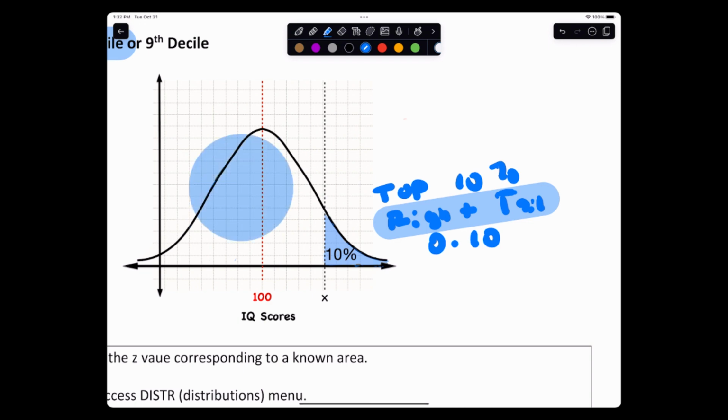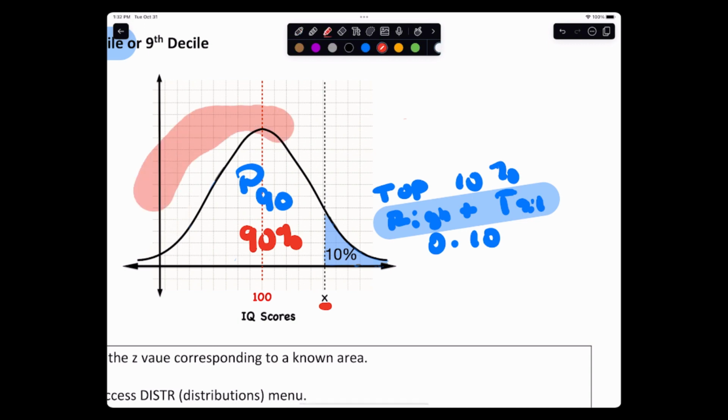And that is, by the way, P90. You actually had a test on that, right? P90, the 90th percentile. So 90% of the bell is to the left of this X value. Now that helps those people who have the default calculator.